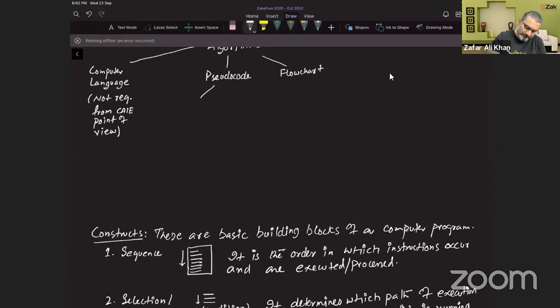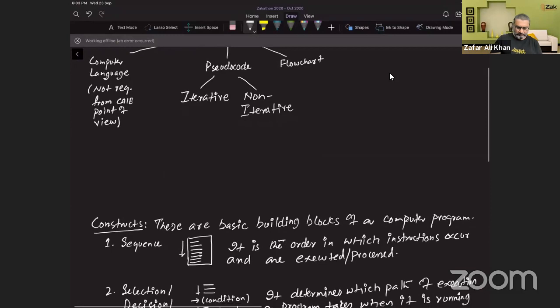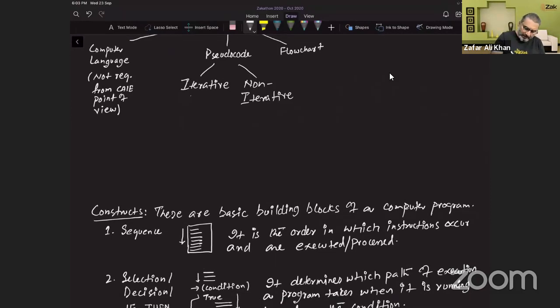So there are two types, iterative and non-iterative. And in iterative, there are two types. Precondition and post-condition.